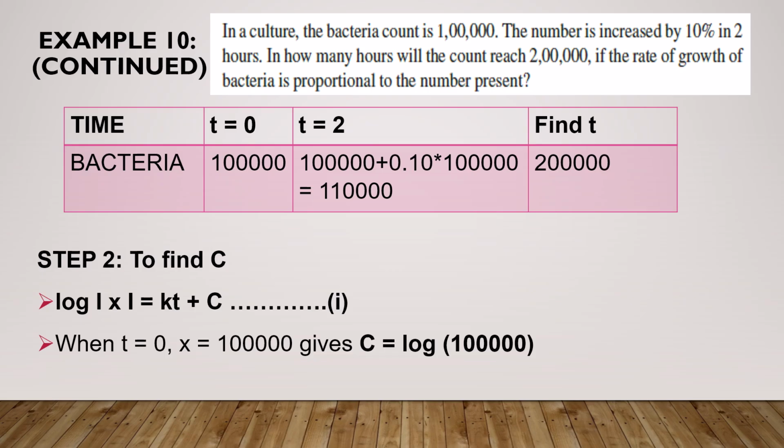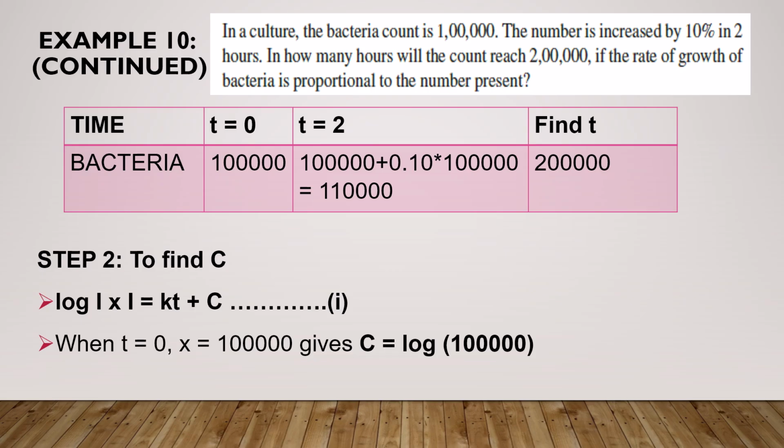Now see, since this is a confusing type of example, what we do is we first list down all the information. So it will be very easy for you to find the constants. Three things are given. Initially, the count of bacteria is 1 lakh. That means when t is equal to 0, the bacteria is 1 lakh. Next, it is given to us that the number is increased by 10% in 2 hours.